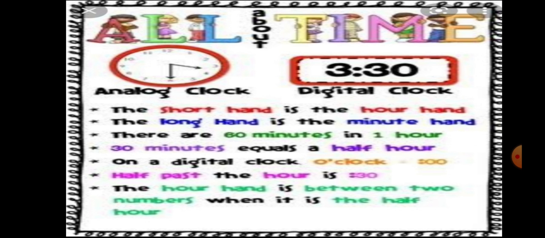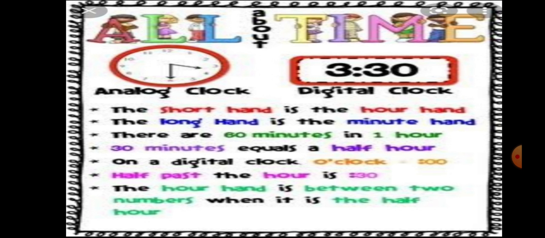All about time. The short hand is the hour hand. The long hand is the minutes hand. There are 60 minutes in 1 hour. 30 minutes equals a half hour.